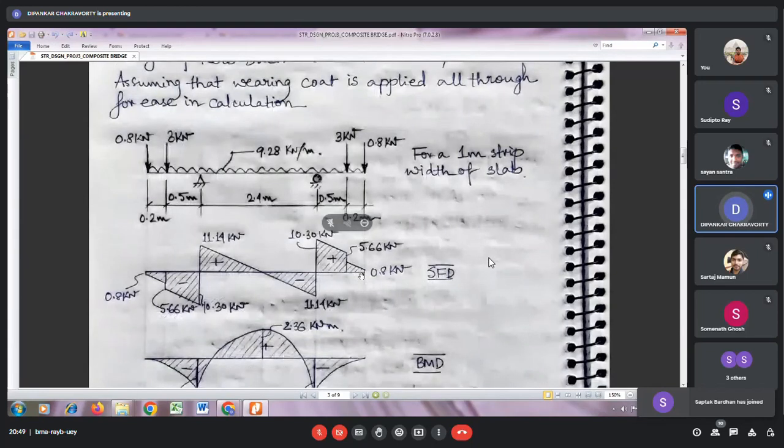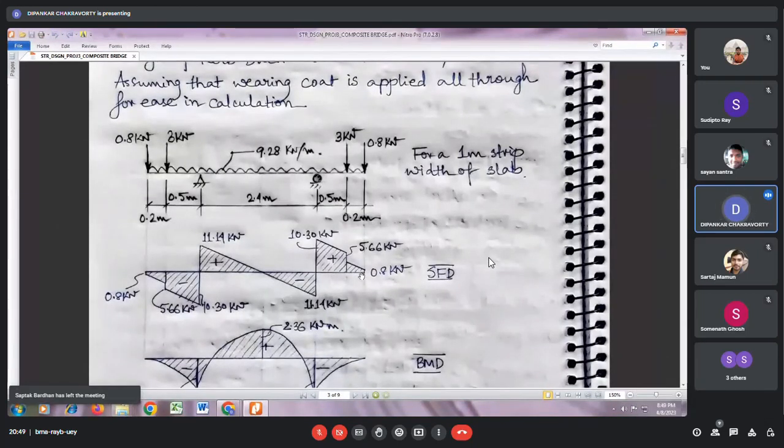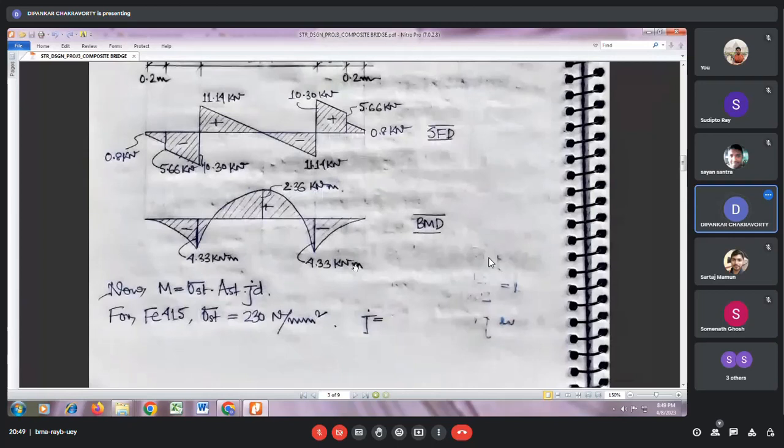So you can get the bending moment and shear force diagram very easily. You know how to develop the bending moment and shear force diagram right from your second year classes, and you can get the reinforcements.